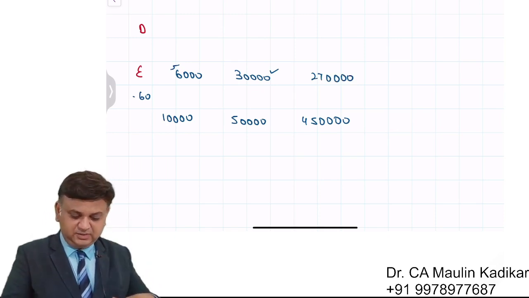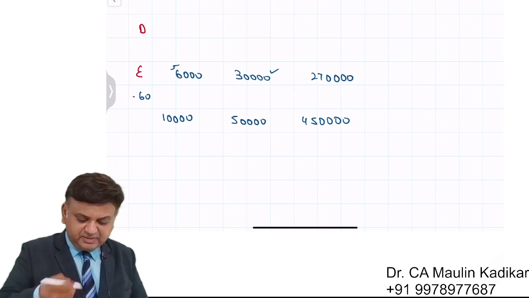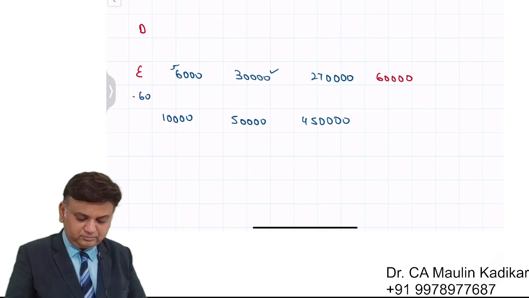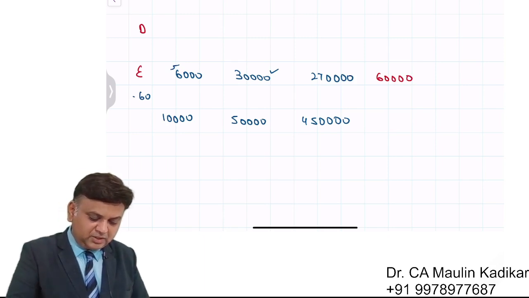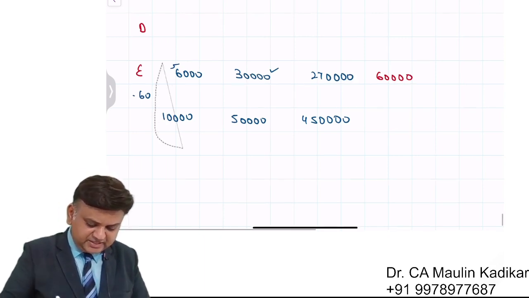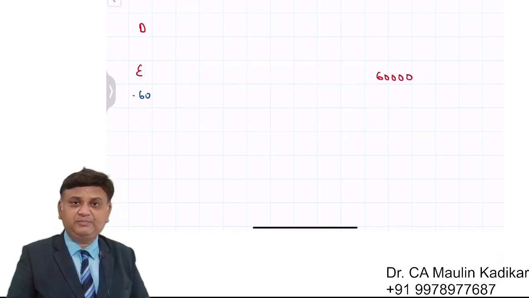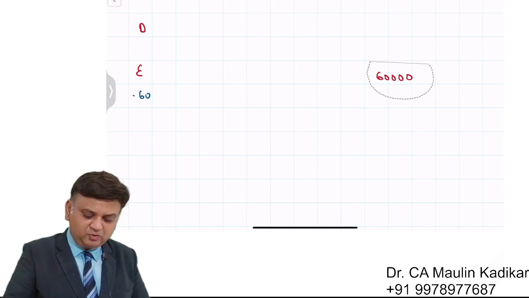Now listen carefully. As a company, I have retained earning of 60,000. We want to know the amount of the capital investment beyond which I have to make new issue.